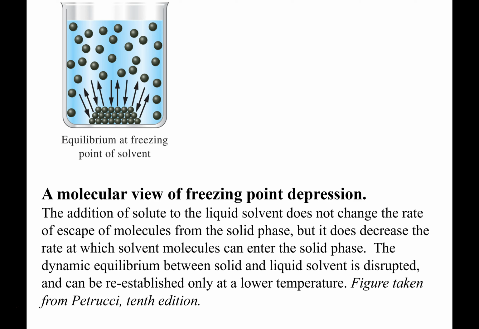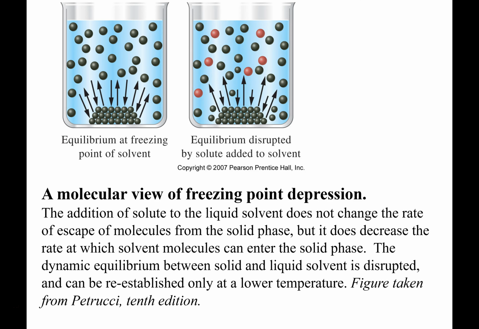Well, this would be pure, and this would be not pure. Now we have our solute particles interfering with our solvent particles solidifying, and it lowers the temperature that needs to exist in order for solidification to happen. So freezing point depression.